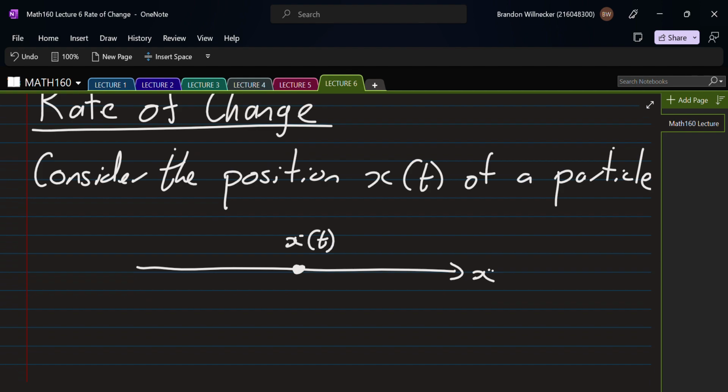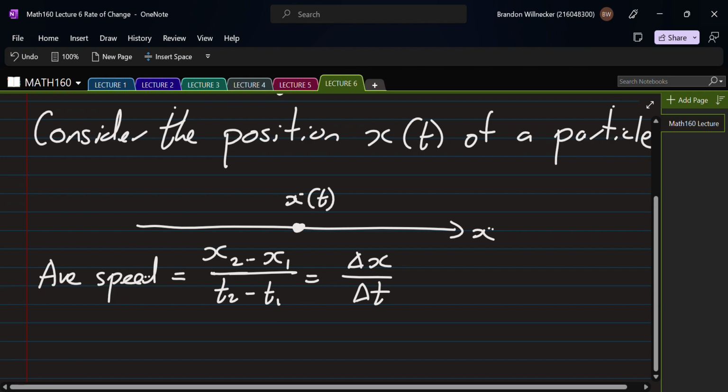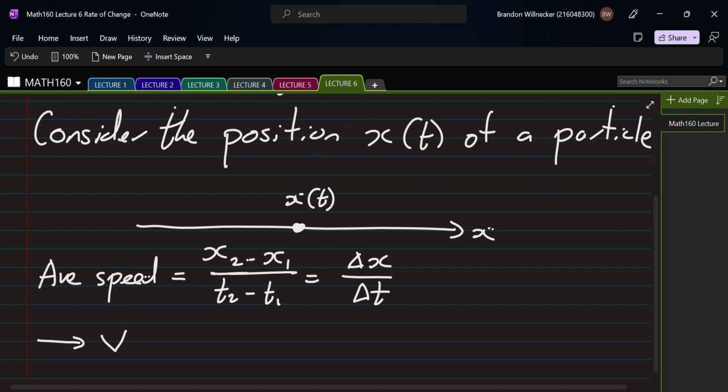So we know that the average speed, that would be x2 minus x1 over t2 minus t1, or delta x over delta t. If we take the limit as delta t goes to 0, then this average speed becomes the instantaneous speed, or the velocity. Then the deltas change to d, so we have dx by dt.